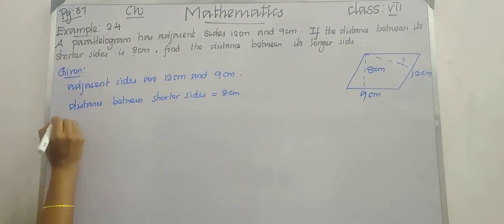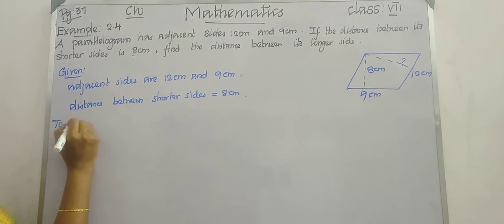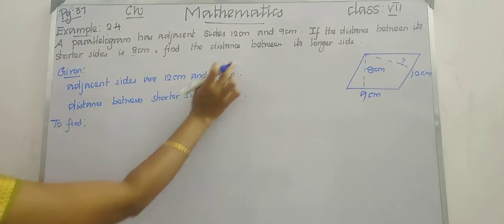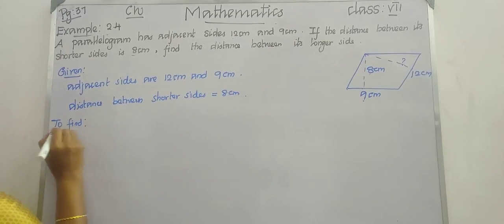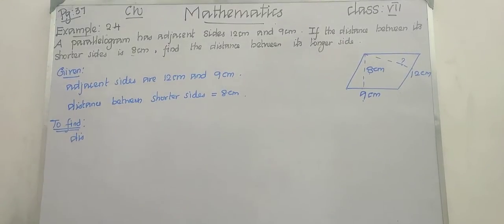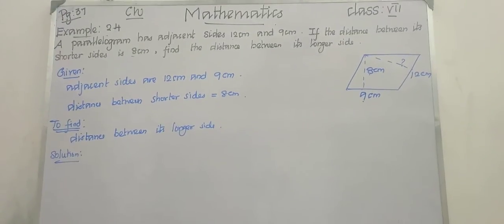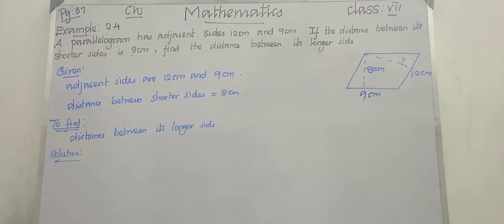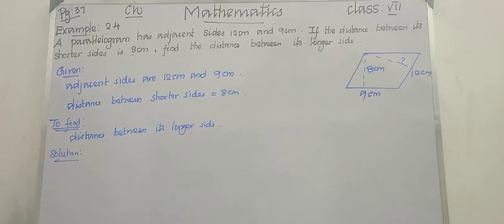What we need to find is the distance between its longer side. So adjacent sides are given, that is 12 centimeter and 9 centimeter, and the distance between the shorter sides is given, it is 8 centimeter. We need to find the distance between its longer side.